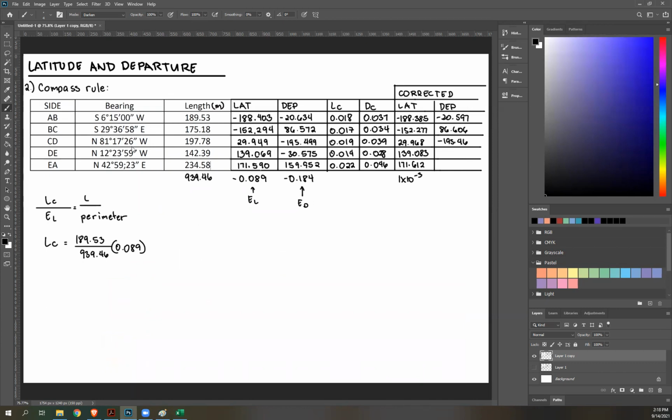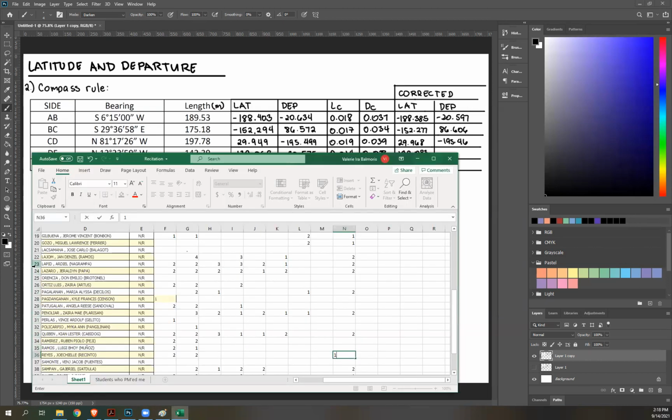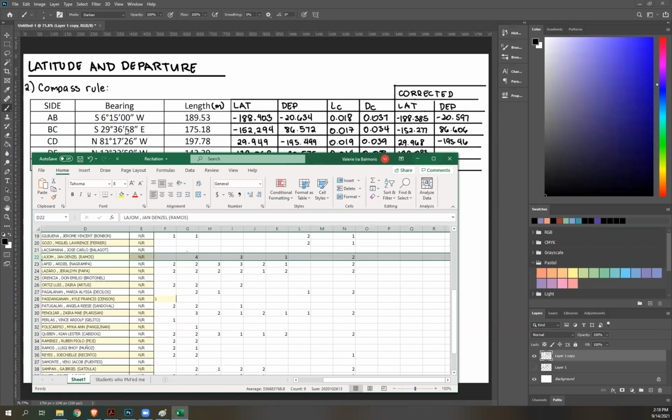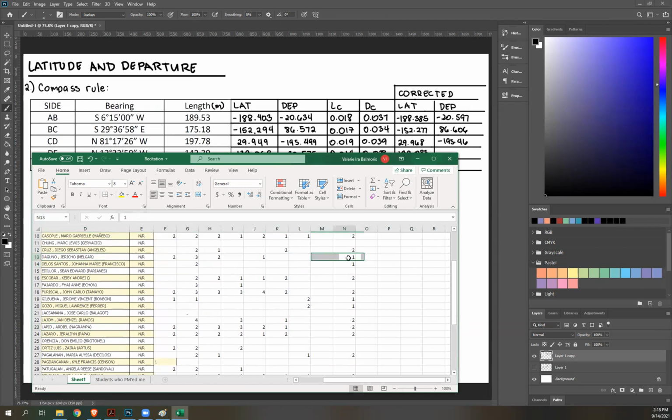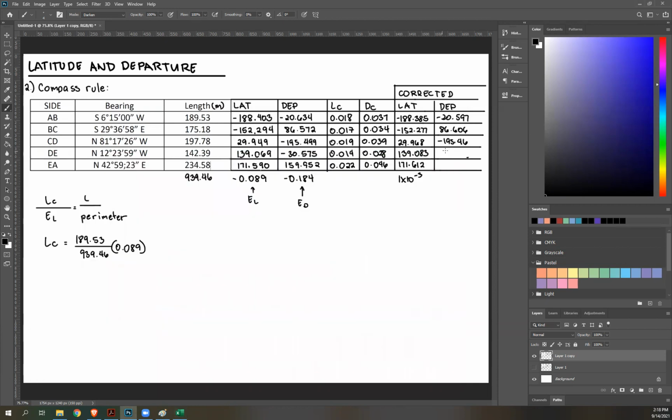Correct. Johanna and Jan. Lahong de los Santos. Jericho, de los Santos. And it was negative 30.547. And then lastly, EA. Correct.